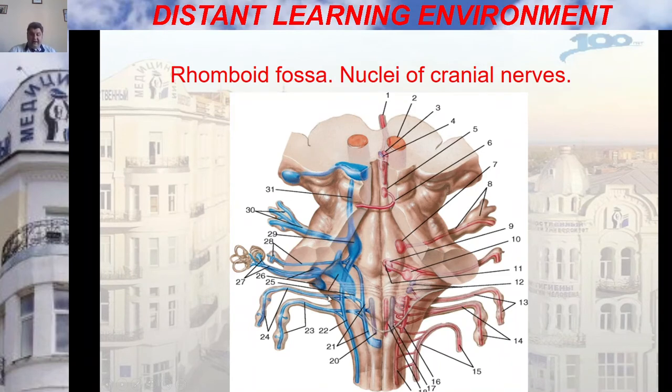The 8th pair, the auditory nerve, nervus vestibulocochlearis, or nervus octavus, has numerous nuclei which are projected onto the lateral angles of the rhomboid fossa in the vestibular area. The nuclei are separated in two groups according to the two divisions of the nerve.